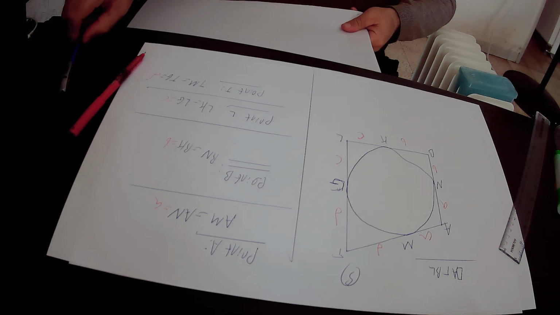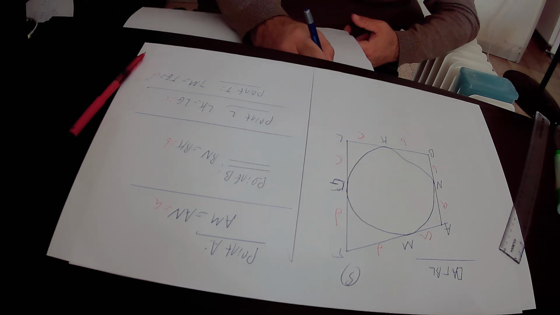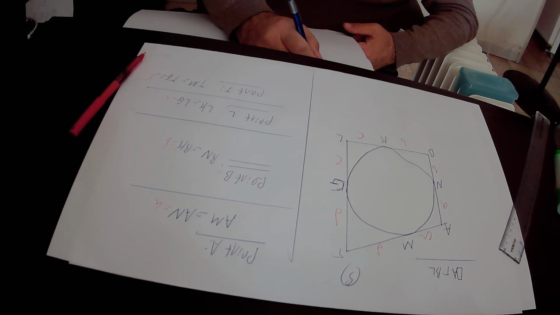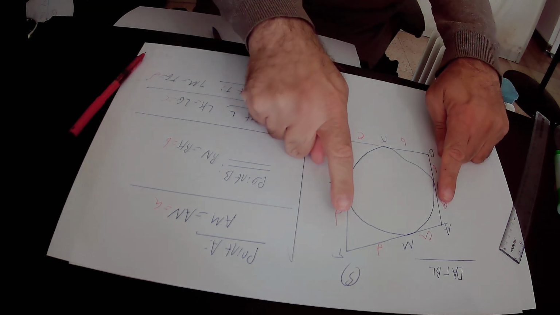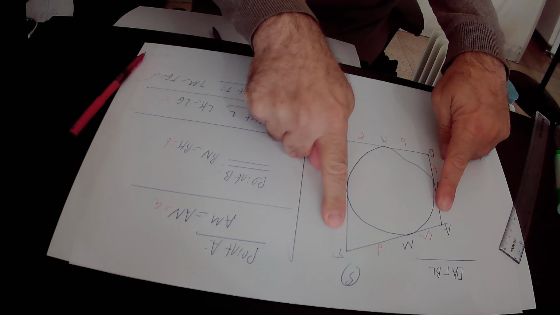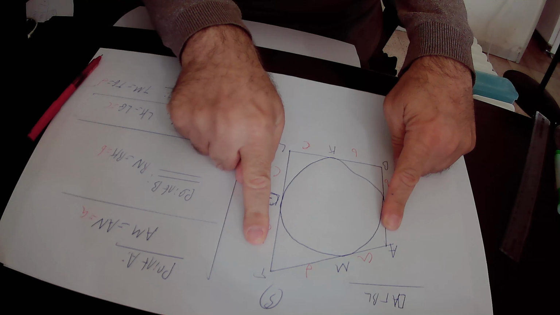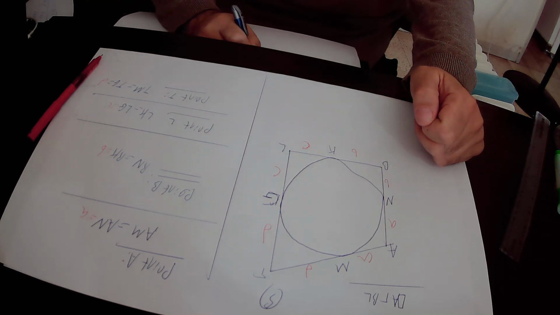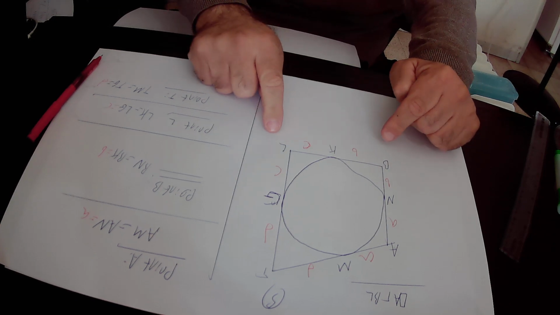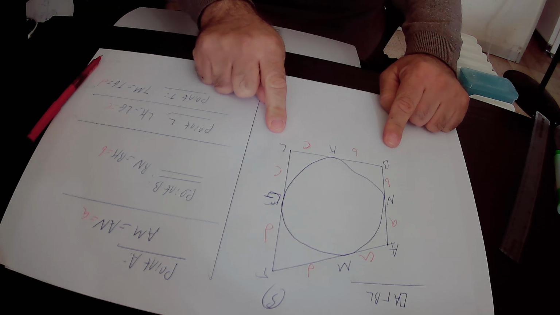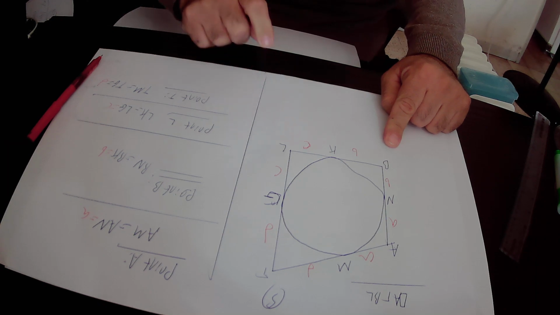Okay, so here, side AT plus side BL is equal to, AT is a plus d, so we substitute AT by a plus d, plus BL. On the drawing, it is very easy to see that BL equals b plus c, so we substitute BL by b plus c.